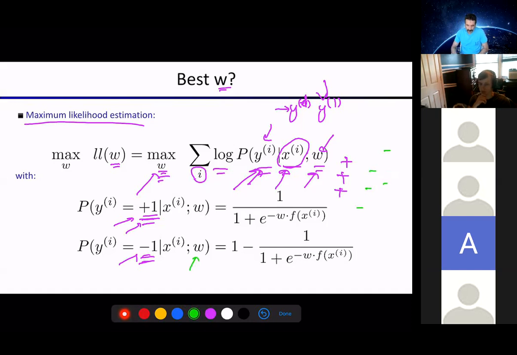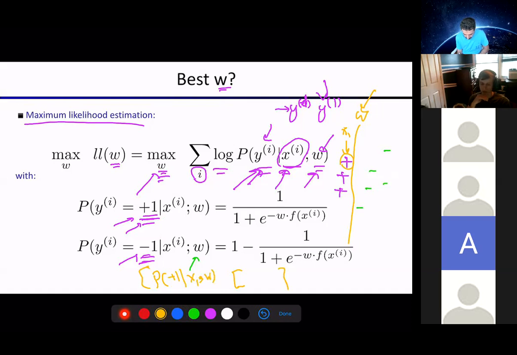So this could be your weight W. For each class, given this current weight W and a particular X, let's consider X1, you have a probability distribution consisting of the probability of +1 given X1 and W.